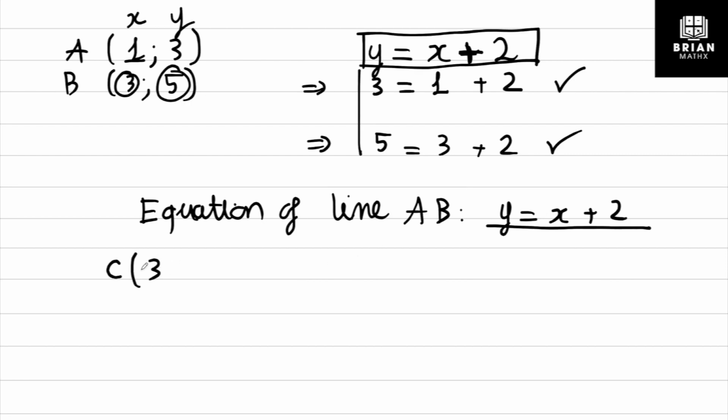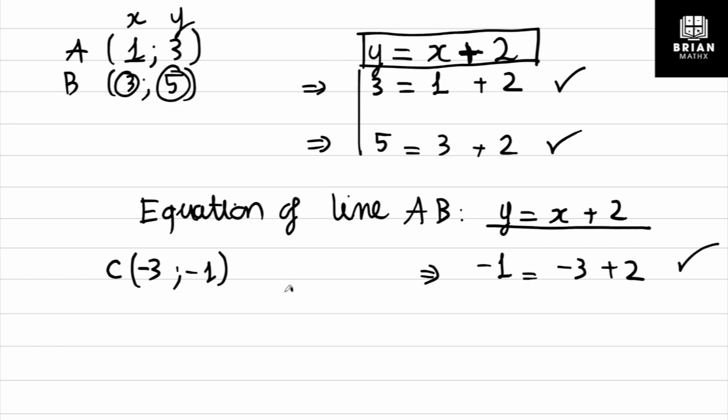Take point C (-3, -1). Does C lie on this line? Let's check. Here the value of x is -3 and the value of y is -1, and this calculation is right.